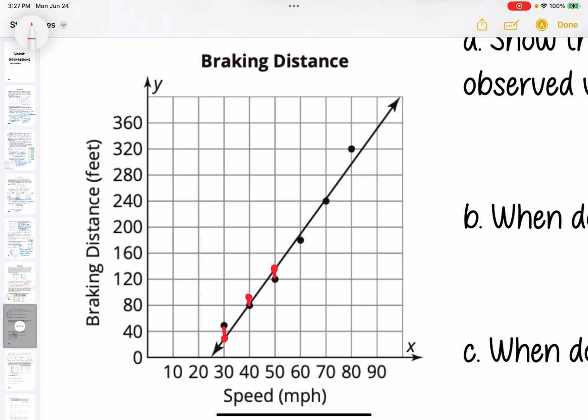The next one, our observed was 180, but our predicted was 190. Our observed was 240, but the predicted was actually 244. And 320 was our observed, but the predicted was 298.